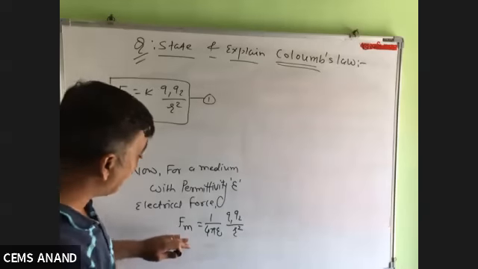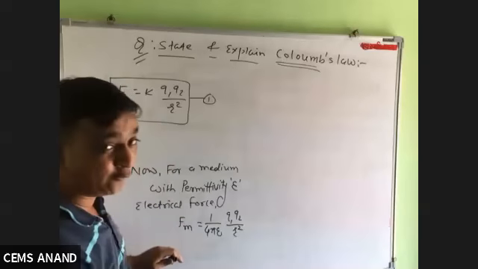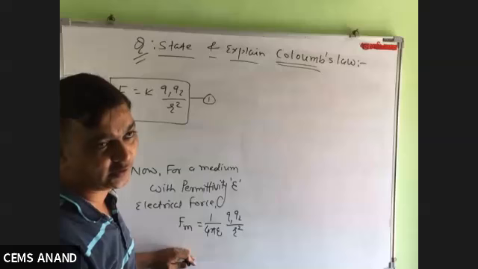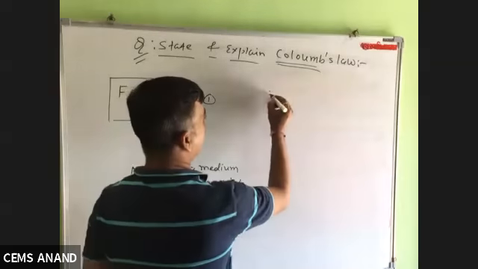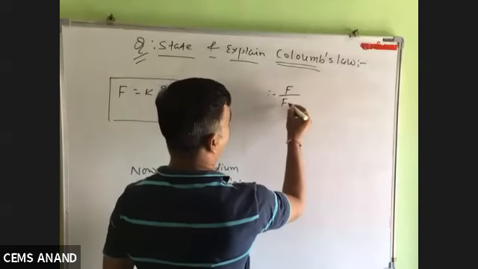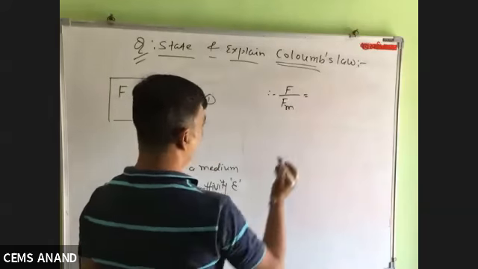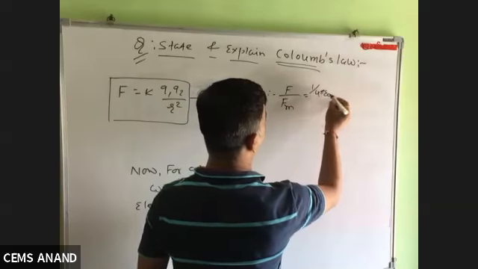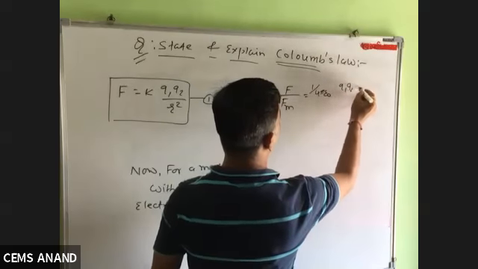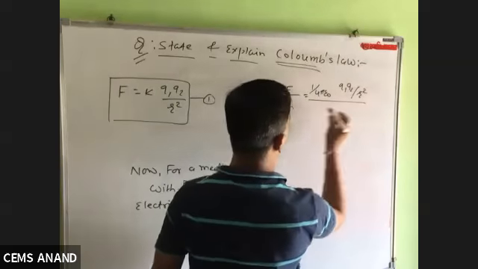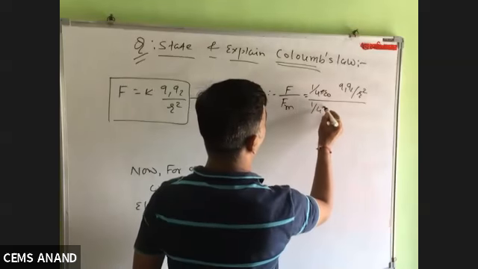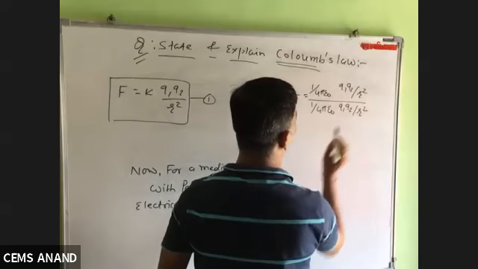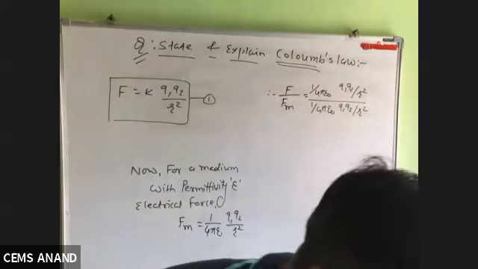Now let's divide this formula of electrical force in free space by the electrical force in a medium. So on doing F by Fm, it is 1 upon 4 pi epsilon 0 Q1 Q2 upon R square divided by 1 upon 4 pi epsilon Q1 Q2 upon R square. What is wrong?